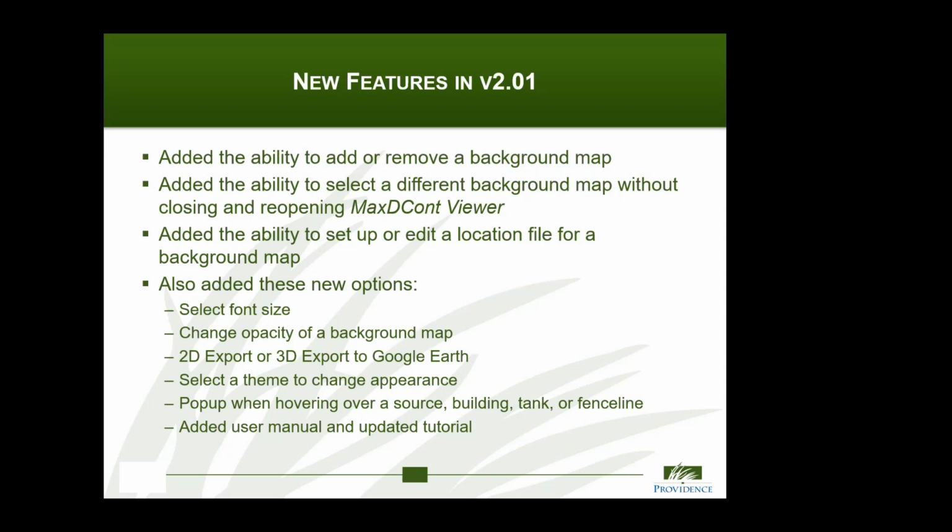You can select a theme to change the appearance of the MaxDCont viewer. We also have a pop-up that shows up when you hover your cursor over a source, building, tank, or fence line that tells you something about that particular object. And then we've added a user manual and updated the tutorial that comes with MaxDCont Viewer.